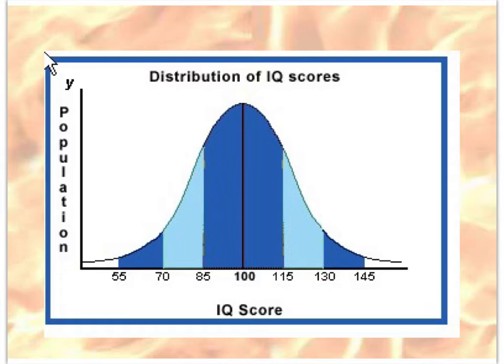I also want you to note that I am not talking about people with learning disabilities. Learning disabilities are entirely different. Somebody with a learning disability has an IQ score that's either in the average range or above average range, but they struggle in one of three major areas. So there's a deficit either in reading, writing, or math. If they have a reading disability, we might say that they have dyslexia.